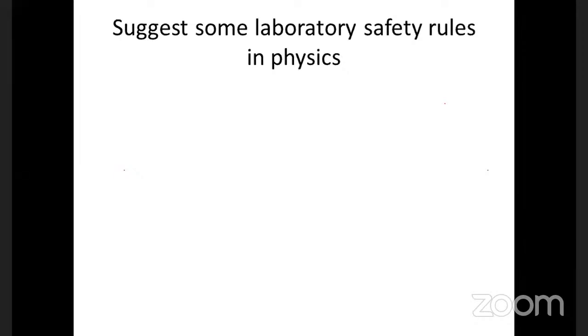Shubi? Equipment marked with a hazard label may only be used with a supervisor. There are some of those equipments that are marked with labels showing they're very dangerous.